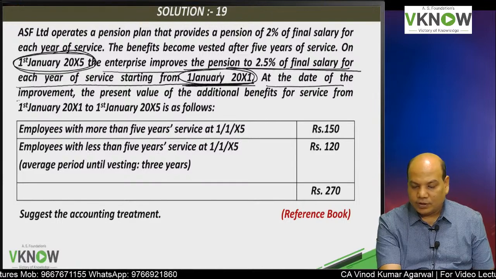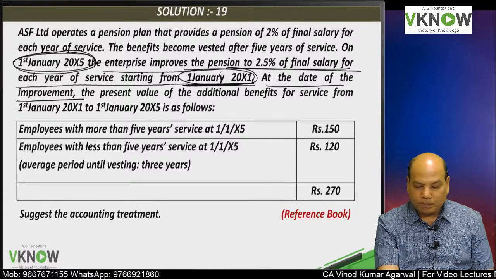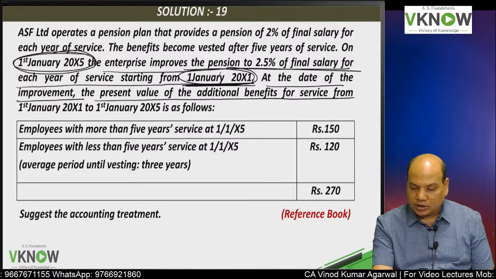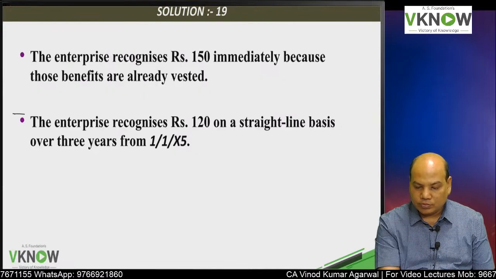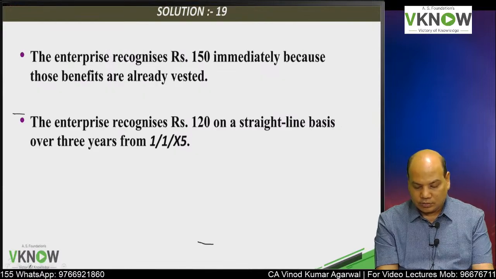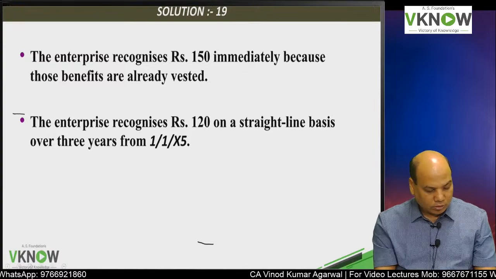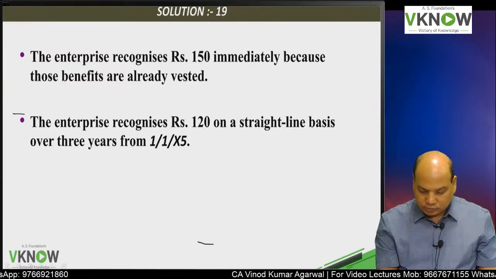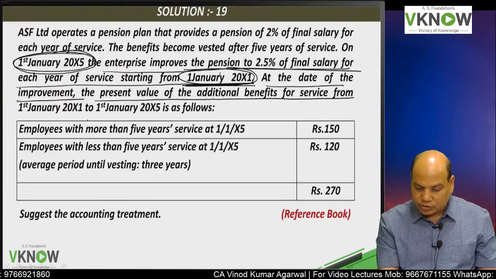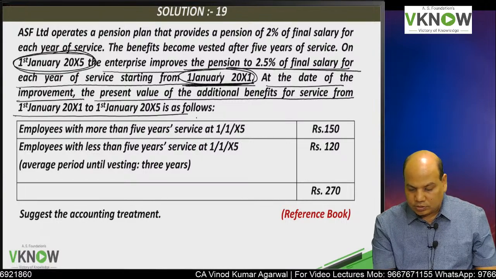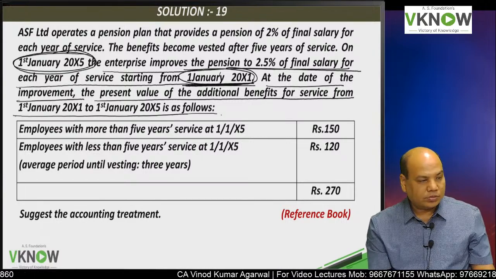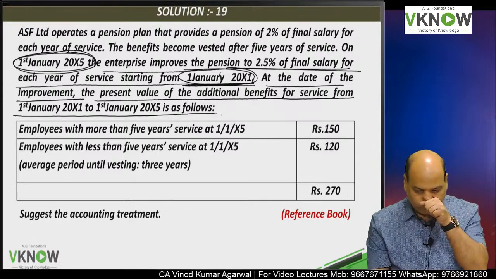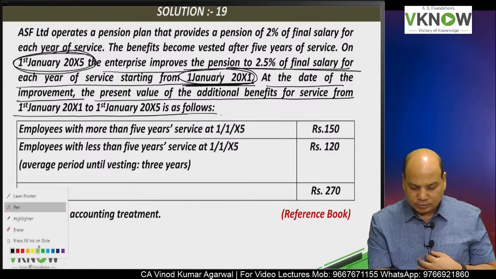At the date of improvement, the present value of additional benefit for service from 1st January 2001 to 1st January 2005 is as follows. Very easy question, subject to you understand it.